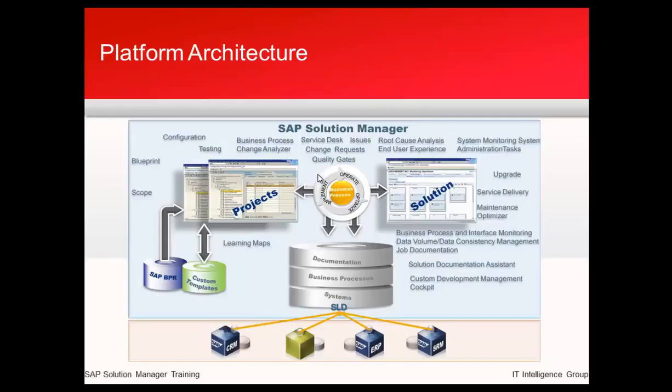So for each phase, whatever processes are required are built into the solution manager. Say for the operate phase, what you require is you require service desk to receive the ticket, you require issue management, service incident management, you require change request control.